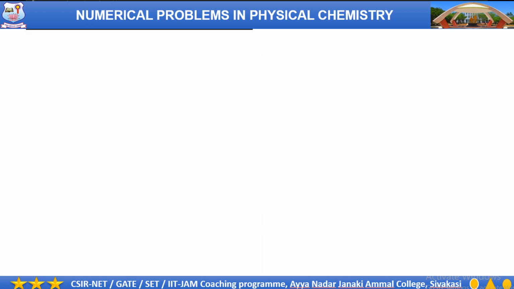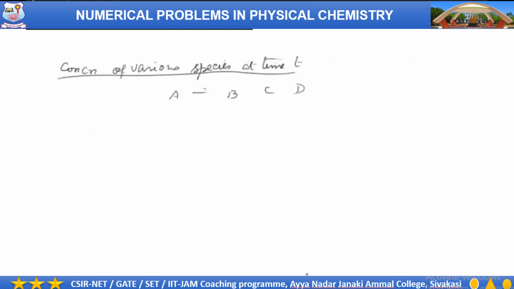And the next one is the concentration of various species at the time T. Here A is giving B or C or D, whatever may be, it's a parallel reaction. At time equal to 0, the concentration of A is A0, B is 0, C is 0, D is 0.